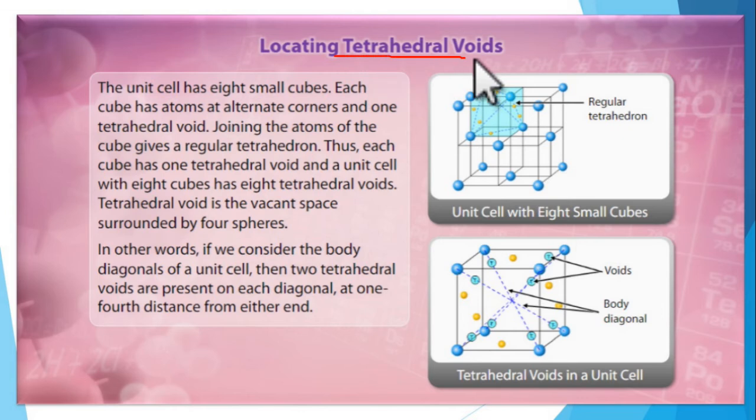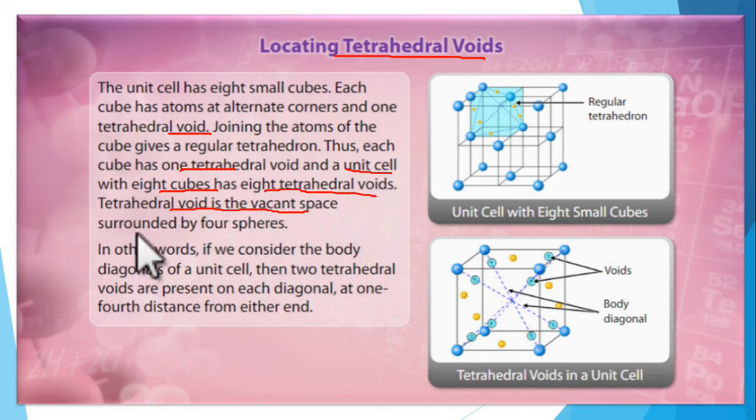Locating tetrahedral voids. The unit cell has 8 small cubes. Each cube has atoms at alternate corners and one tetrahedral void. Joining the atoms of the cube gives a regular tetrahedron. Thus, each cube has one tetrahedral void and a unit cell with 8 cubes has 8 tetrahedral voids.